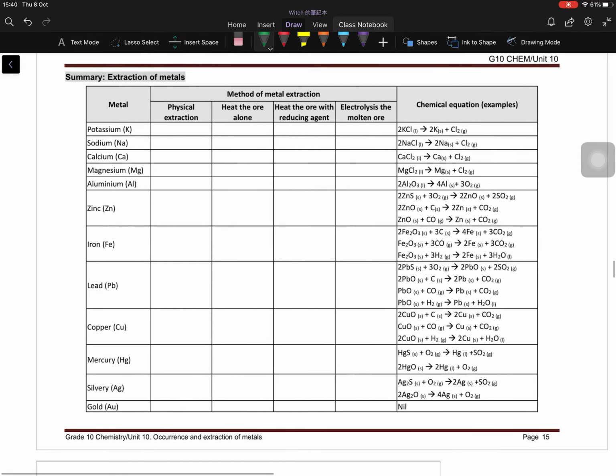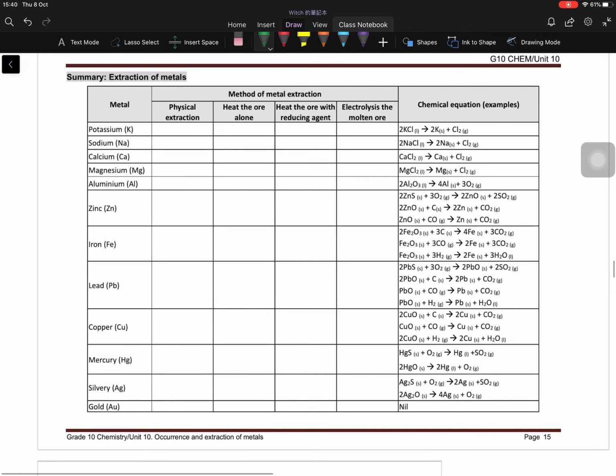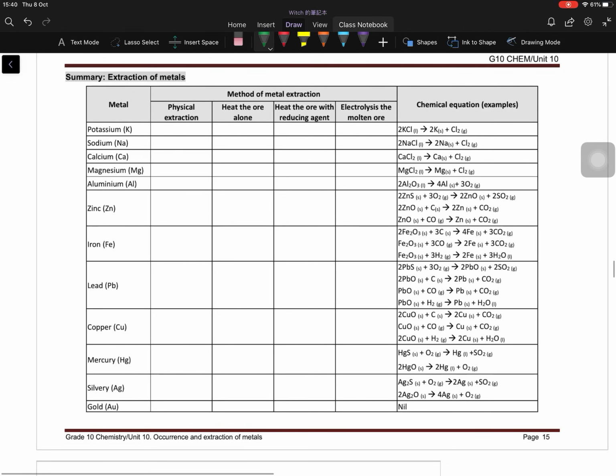So you can see among this table, wow, there is something wrong, right? Yeah, this is something wrong. The electrolysis method can be applied for all metals, while heating the ore with a reducing agent is limited to zinc or less reactive metals. Heating the ore with carbon is for mercury, silver and gold, and physical extraction is for gold only.